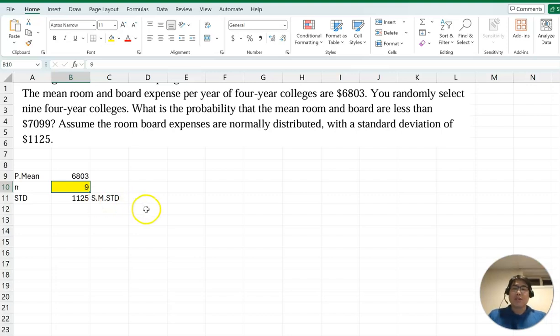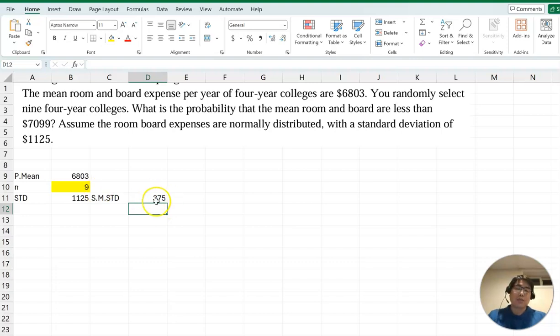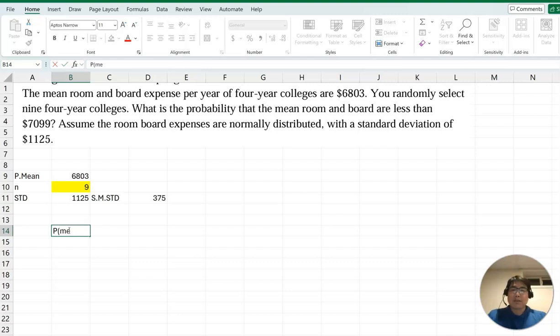Therefore, in this case we also need to find the sampling mean standard deviation, which is the original standard deviation divided by the square root of n. You have to use this one to find the probability. This question asks for less than again, so I can write the probability that the sample mean is less than $7,099.